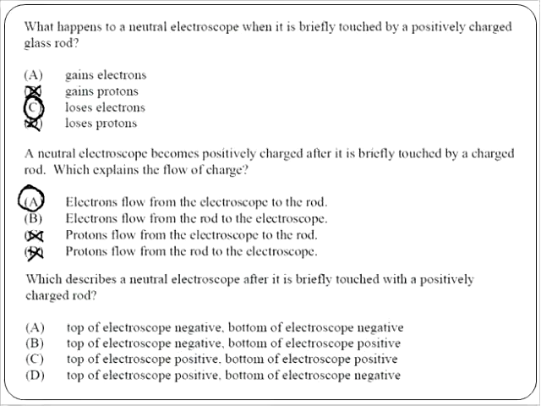All right, the last one down. Which describes a neutral electroscope after it's briefly touched by a positively charged rod? What happens is, after you touch it with a positively charged rod, it's not near, it's actually touched. As soon as it touches, now the neutral electroscope has become a positive electroscope.